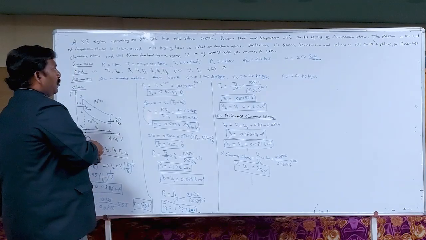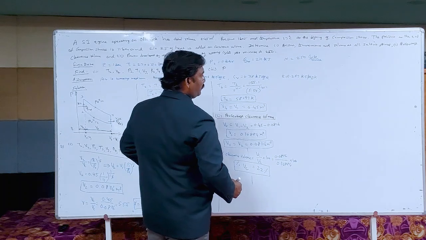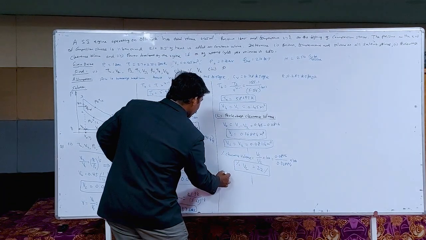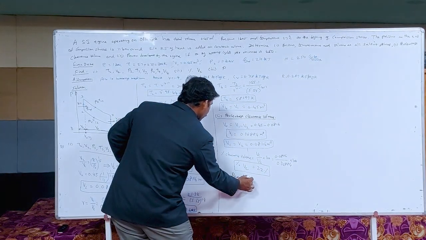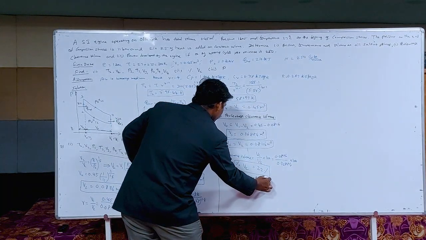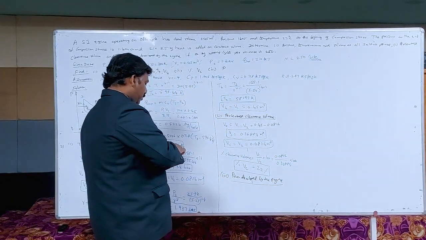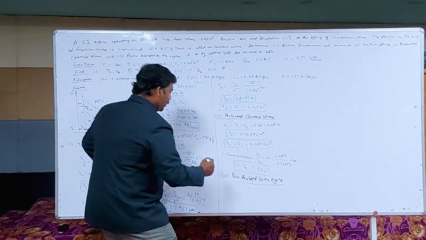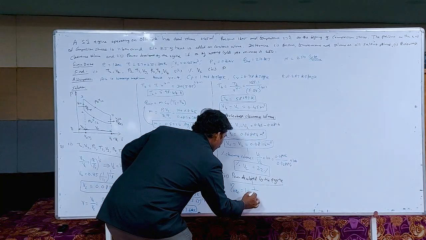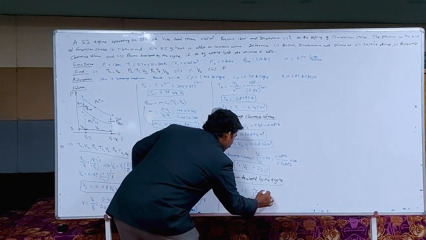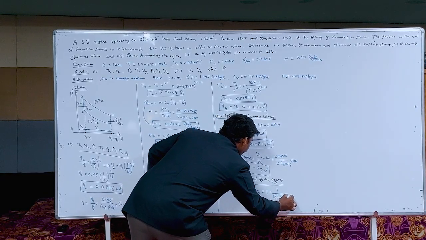So now we have to find out the power developed by the engine. Case 3, power developed by the engine. In this case, we first have to find the efficiency of the engine. Efficiency of an Otto cycle is equal to 1 minus 1 by R power gamma minus 1, that is 1 minus 1 by 5.55 power 1.4 minus 1.